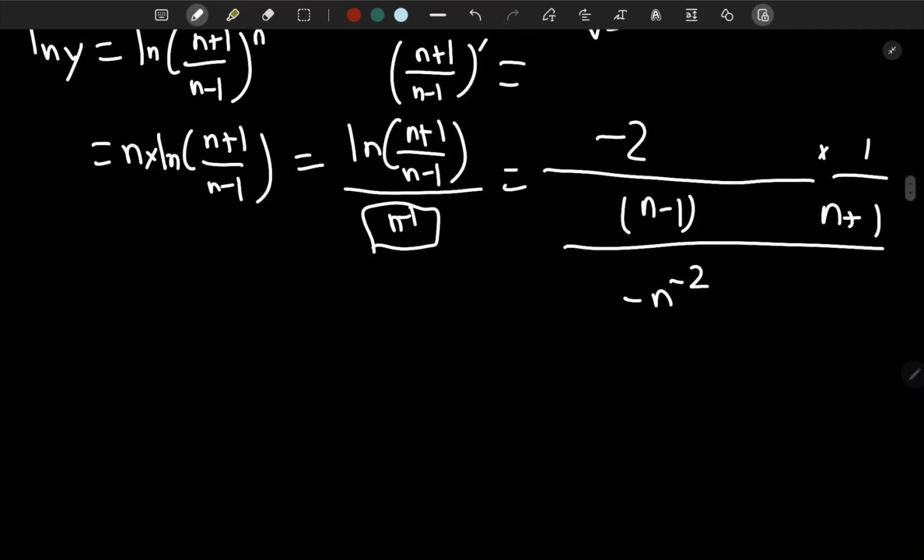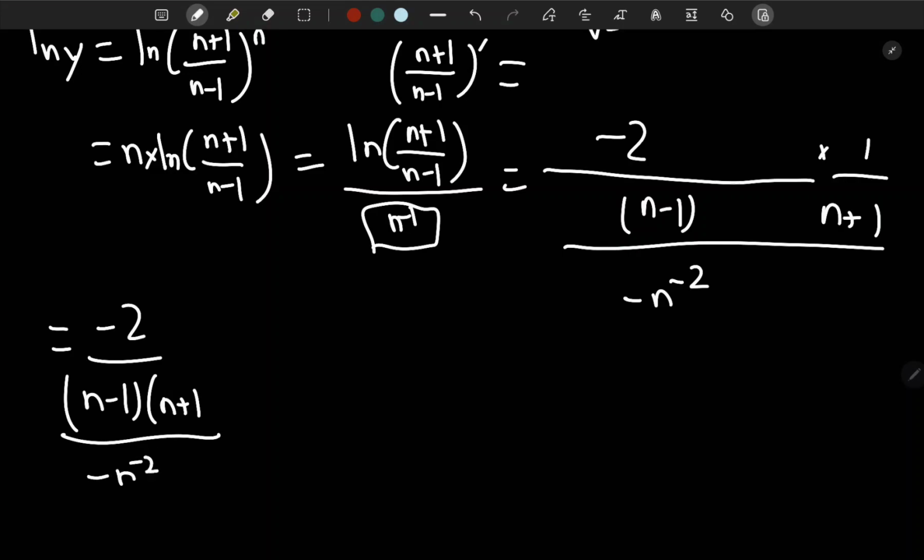So now let me write the next simplified fraction. So we have equal to negative 2 over n minus 1 times n plus 1, and everything is over negative n to the negative 2, squared. And let's now simplify. Let's bring this above. So we will have limit of, and I'm going to cancel out the negative sign here since we have 2.